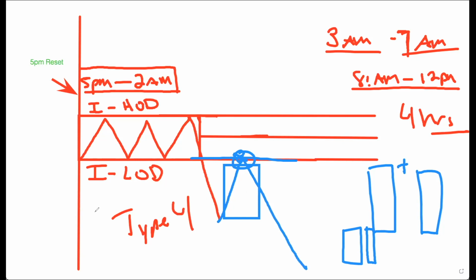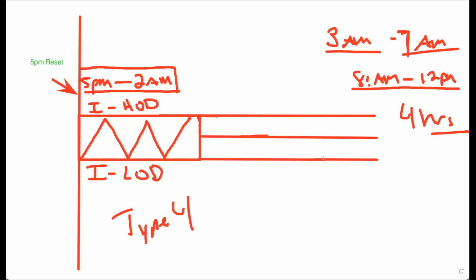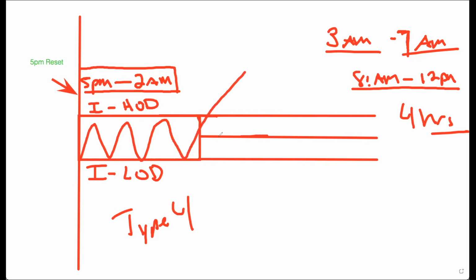These type 4s only typically happen in London session. If it's a buy setup, then obviously the opposite would happen. You'd have market makers doing their thing, and then all of a sudden they go up.